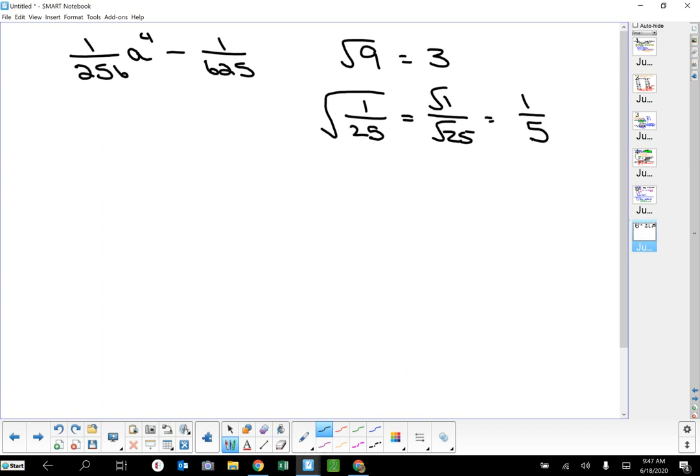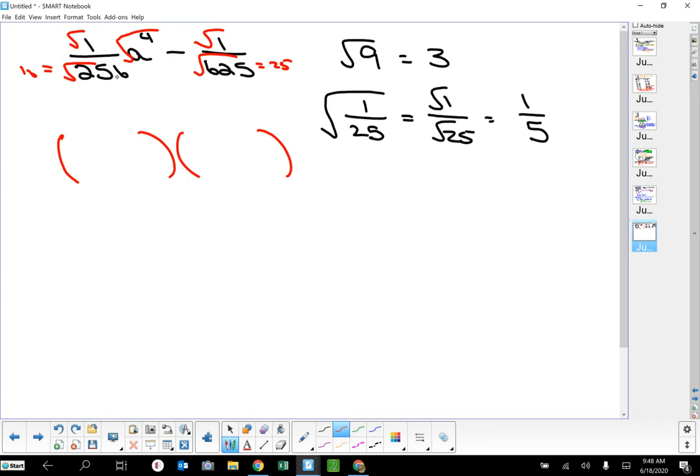Okay, so that's essentially exactly what's going to happen here. So all you're doing is taking the root of the top, root of the bottom, right? So root of the top, root of the bottom, the root of a to the fourth. So the root of 256 is actually 16, and the root of 625 is 25. And so when I do these, here's my binomials.